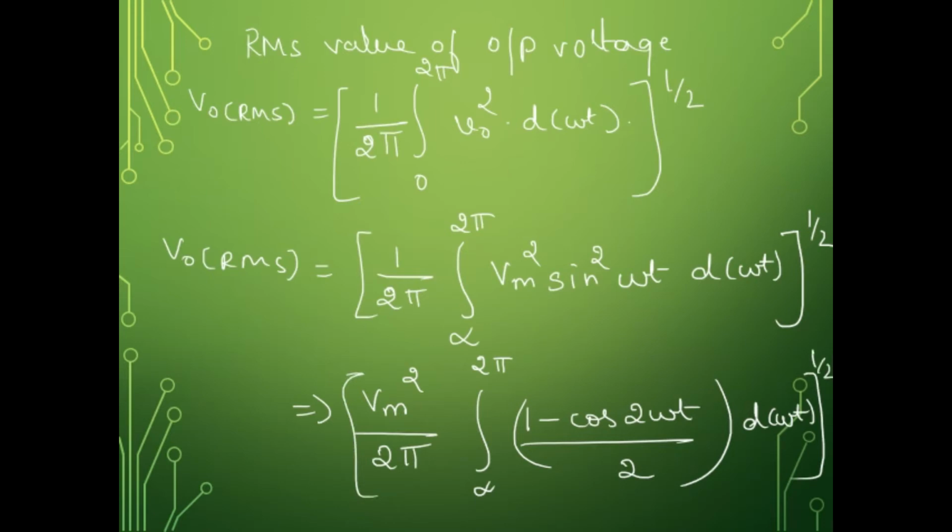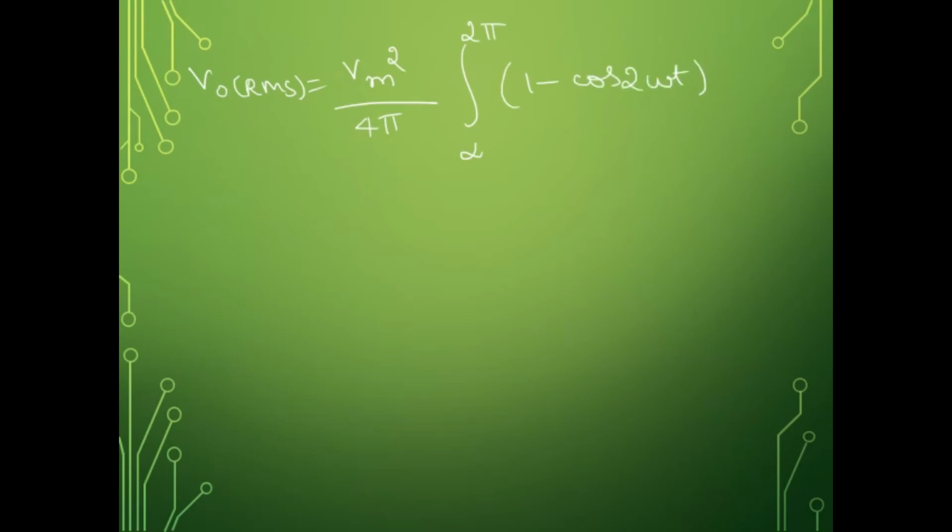So we can write V0 RMS is equal to the root of Vm square, taking the 2 out, it becomes 4 pi integral alpha to 2 pi of (1 minus cos 2 omega t) d omega t.